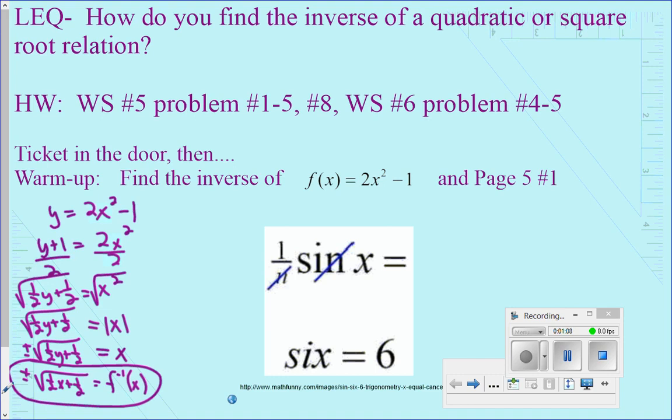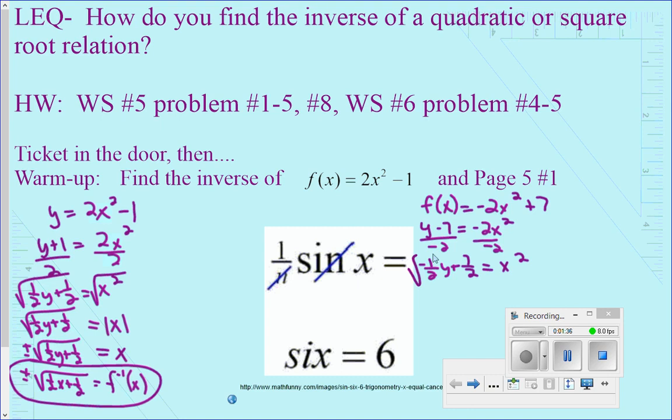Then page 5, the first problem. So it's similar to that one we just did. So f of x equals negative 2x squared plus 7. So I subtract 7, divide by negative 2. So negative 1/2 y plus 7/2. And then square root.